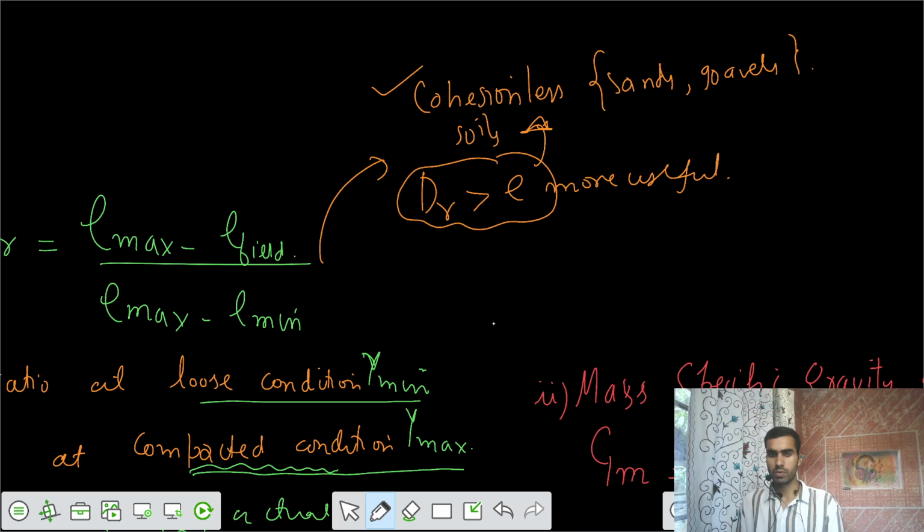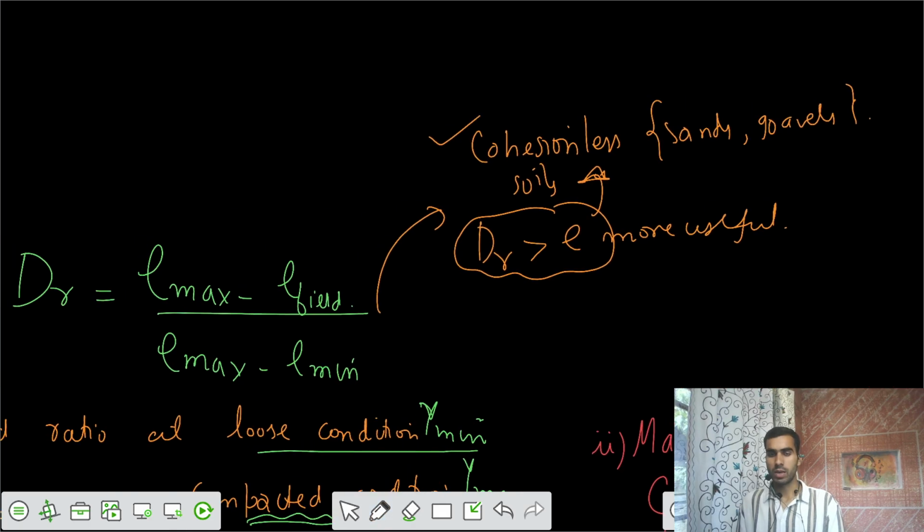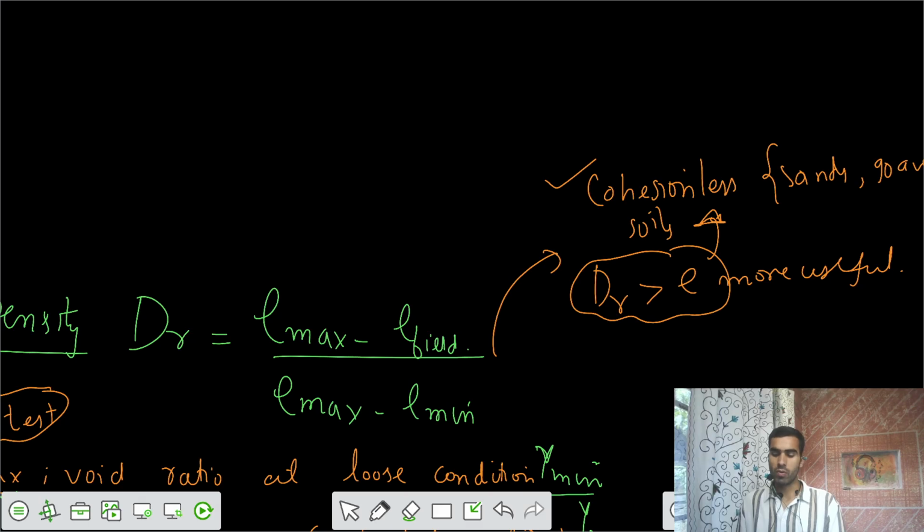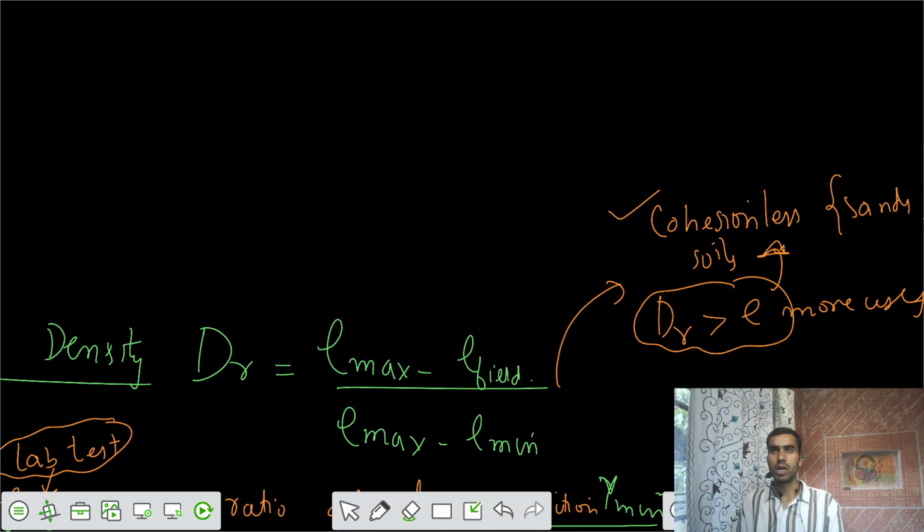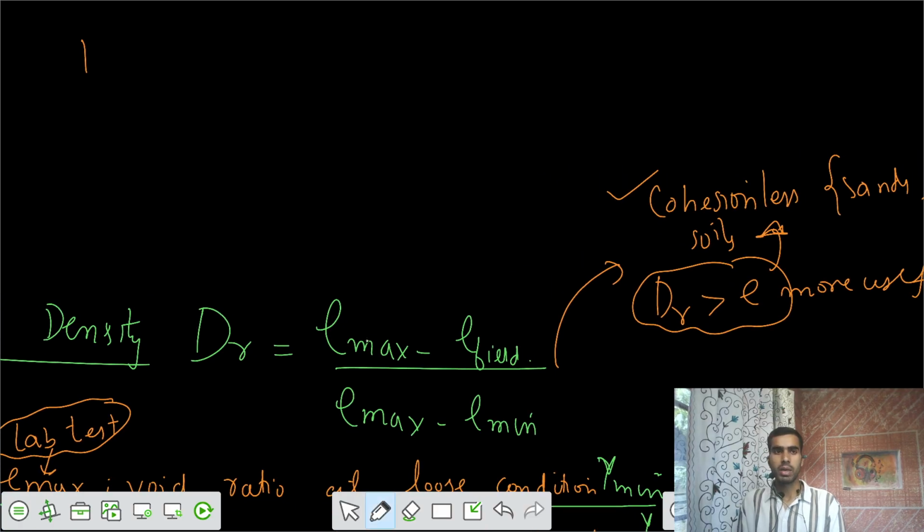And based on Dr, the relative density values, we sometimes have categories of soils.